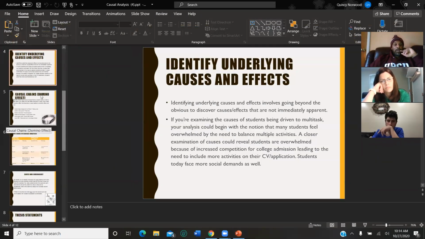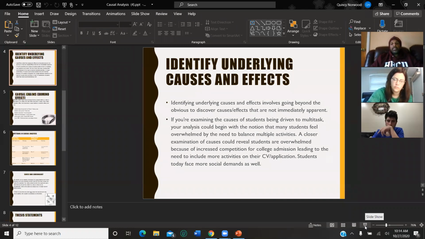One of the ideas that I mentioned last week, and hopefully we spent some time thinking about this as you put your outlines together, was thinking about underlying causes or underlying effects.